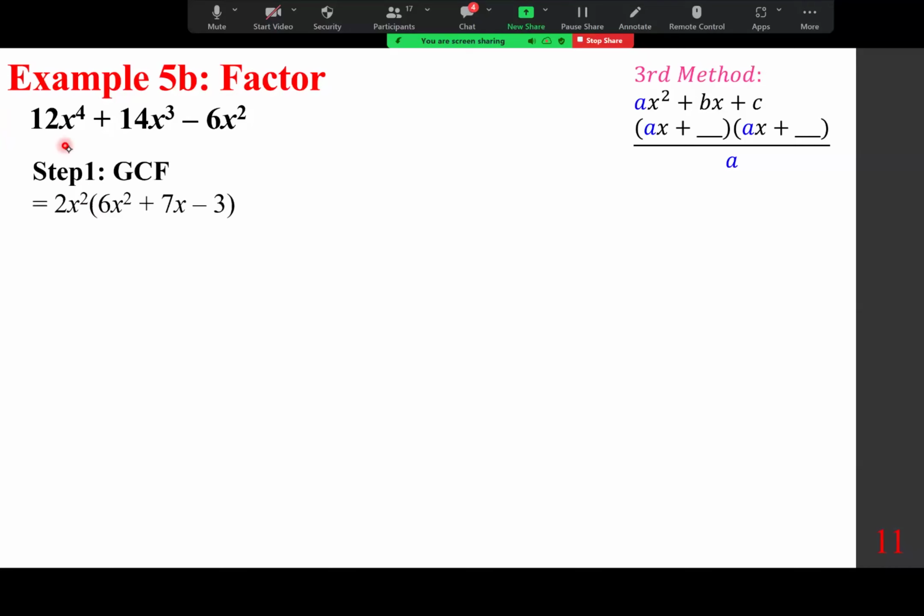When you take out the 2x squared, this gives you 6x squared, this gives you 7x, this gives you negative 3. Very straightforward. So we are concerned with this part. This is done. And in this case, A is 6, B is 7, C is negative 3. So this part we are going to work on.